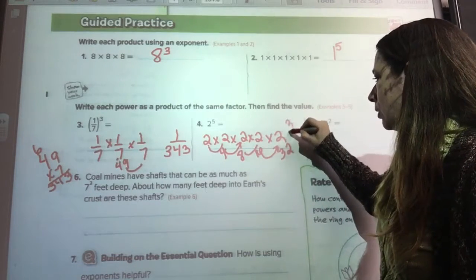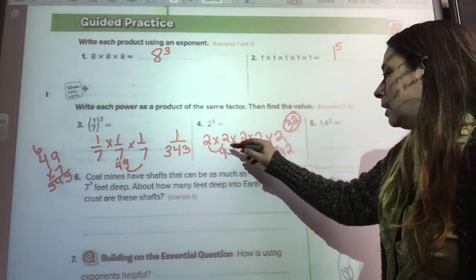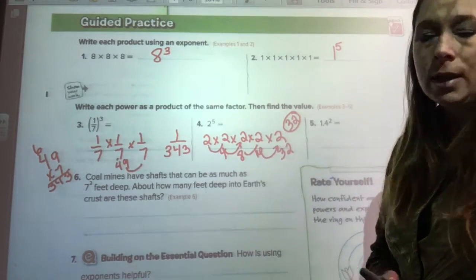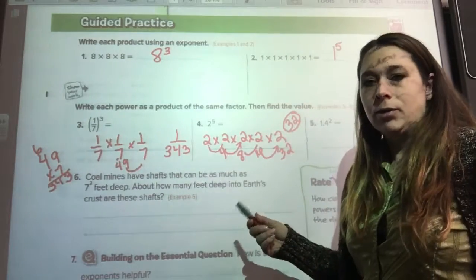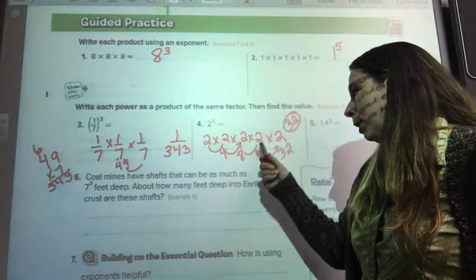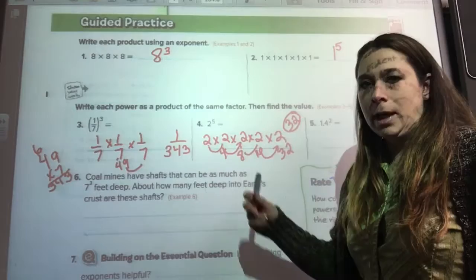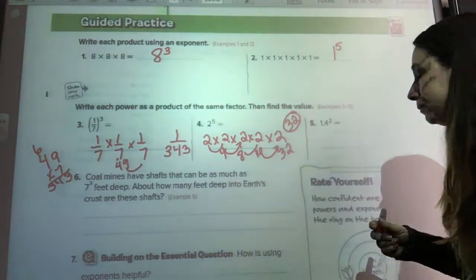So your answer is going to be 32. Notice how I write these arrows and loop it. I do that so I don't accidentally forget one. I've had it before where I have only done it 4 times instead of 5, or 3 times instead of 4. And I found if I loop it and write the answer, then I know I got them all. Okay, so just a helpful hint.